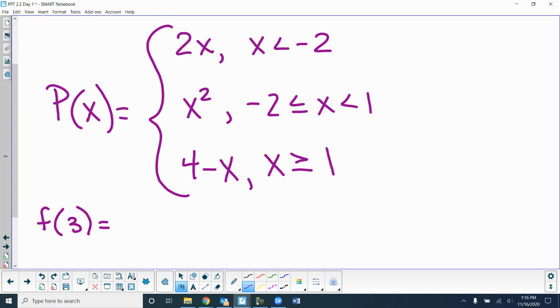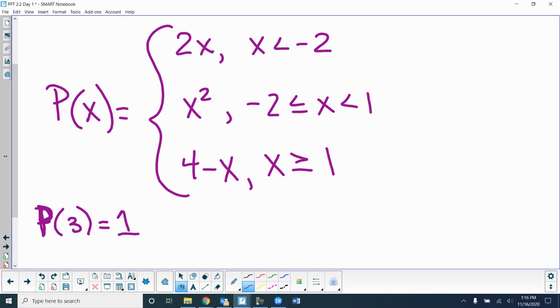No, P of 3. Where does 3 belong? Top, middle, or bottom? Yeah, the bottom, right? Again, remember, I should have put P, because it's P. So P of 3, meaning my X value is 3. That fits here, right? It doesn't fit in either one of those, right? So what's 4 minus 3? 1.